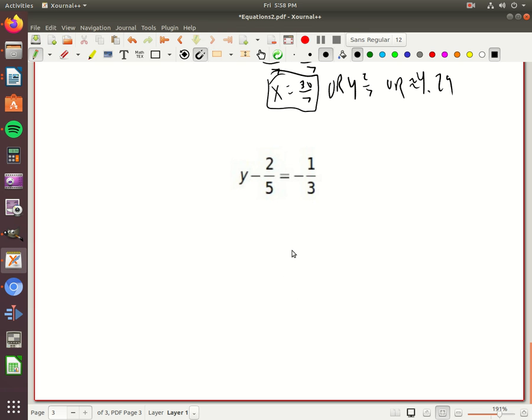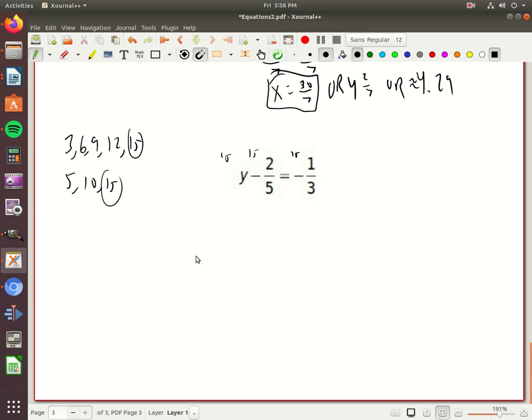And again, try and think about, what do you think the least common denominator is? What's the smallest number that 5 and 3 both go into? So 3, 6, 9, 12, 15, and then 5, 10, 15. It looks like 15 is going to be the smallest number that they both go into. So I'll multiply everything by 15.